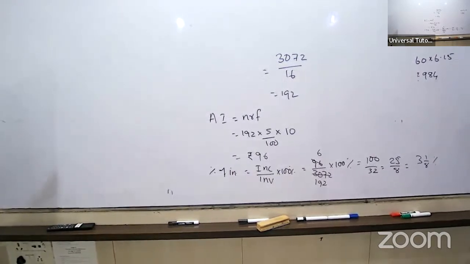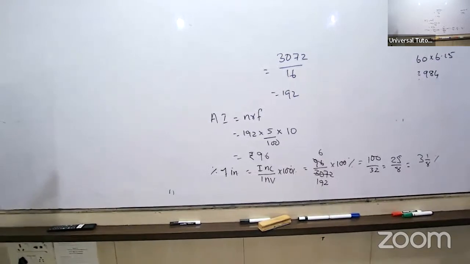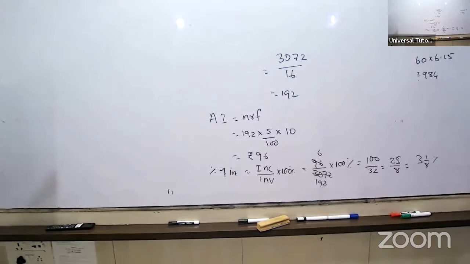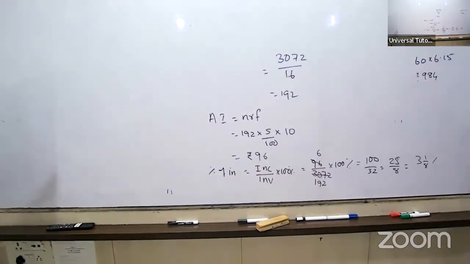Face value. Okay, what is the next value given? 12. Rate of dividend 12. Therefore, what is the market value? 60. Write down. Face value 50.